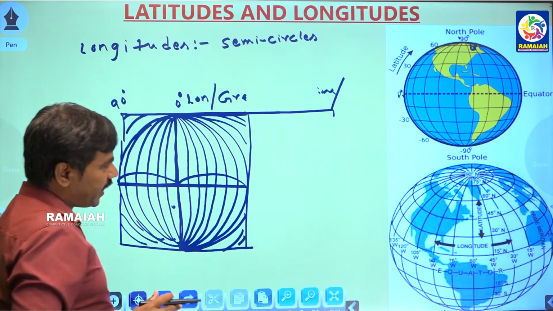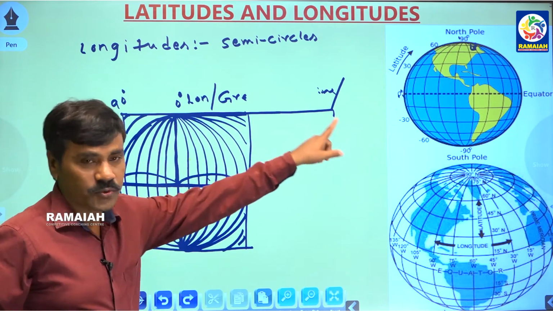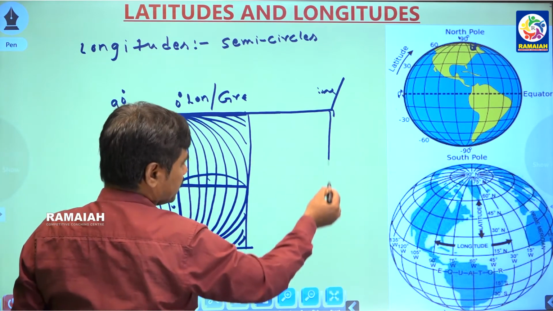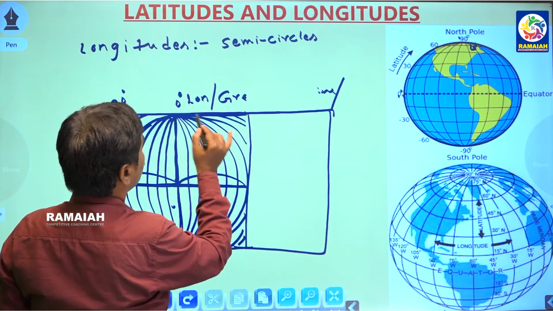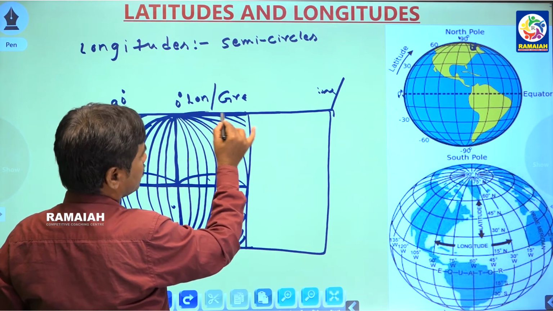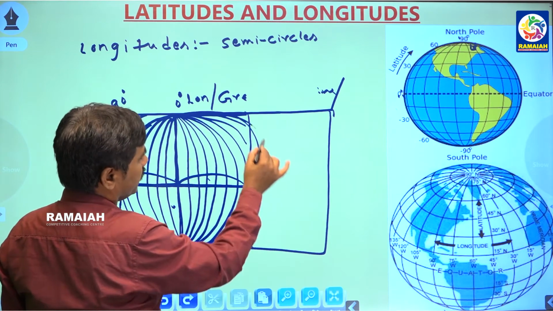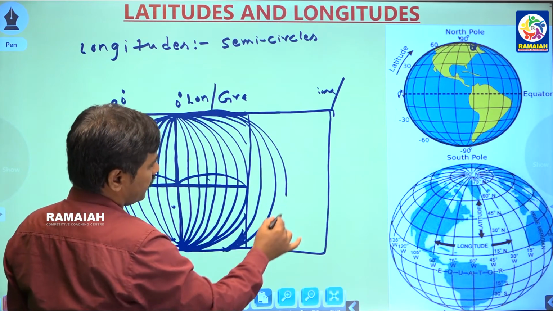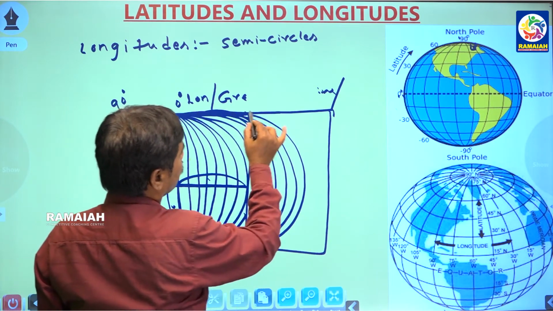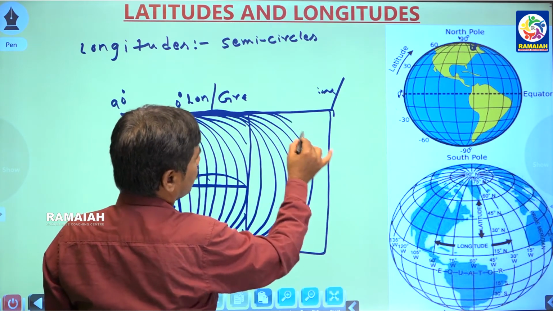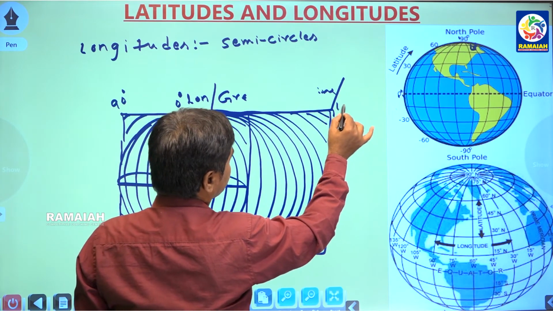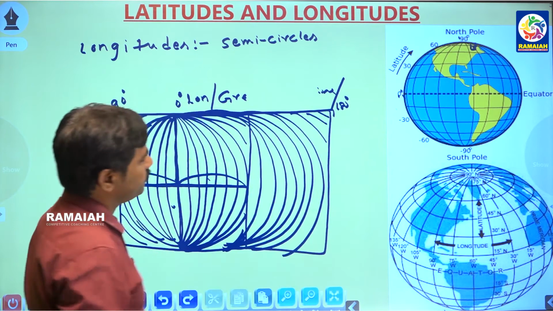That back side 90 longitude we have taken to the eastern side like this. After the eastern extreme longitude 90, this is 91, 92, like this 100, 110, 120, 130, 150, 160, 170, 180 longitude.